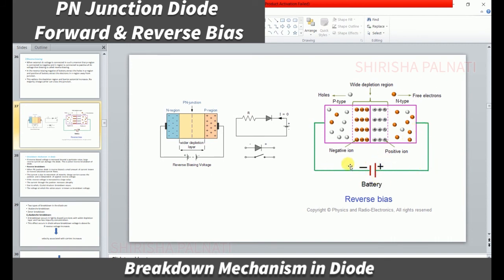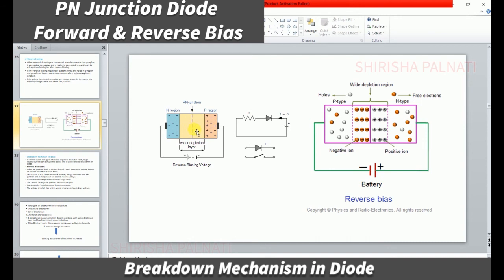So the terminals are different, and not the same charges. That's why the electrons of the n region move away from the junction, and the holes of the p region also move away from the junction. So that's why the depletion region is increased.